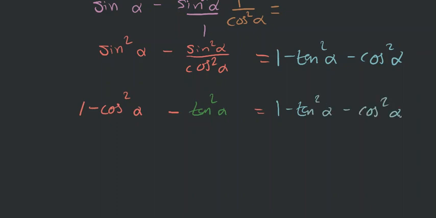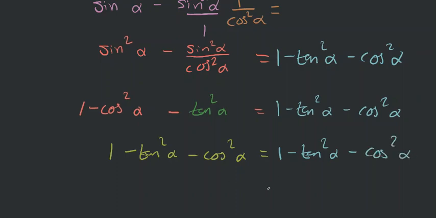You might notice that we have the exact same thing on both sides, but to help us see it, I'm going to write it nicely: 1 minus tan squared alpha minus cos squared alpha equals 1 minus tan squared alpha minus cos squared alpha. So both sides are identical to each other, and we have completed that problem.